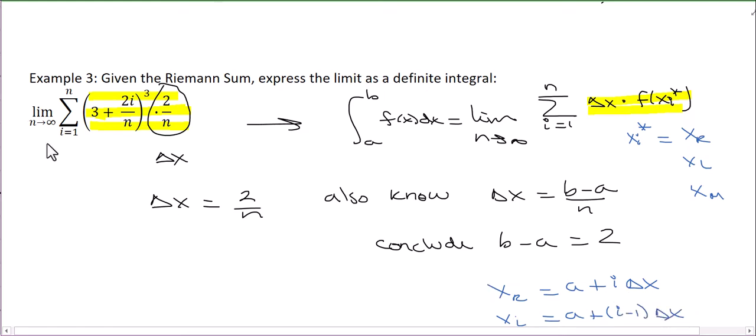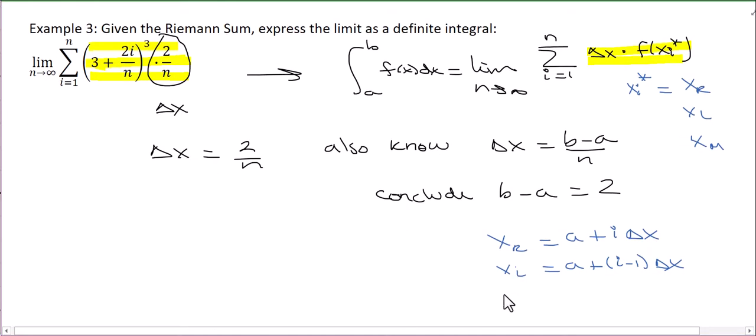So I'm looking for these things in here. I see that I have an i, not an i minus 1. So I must have the right endpoint or the midpoint, but I don't see a half for the midpoint. Remember, the midpoint is a plus i delta x minus 1/2 delta x. So I don't see that extra part. So this must be the right endpoint.